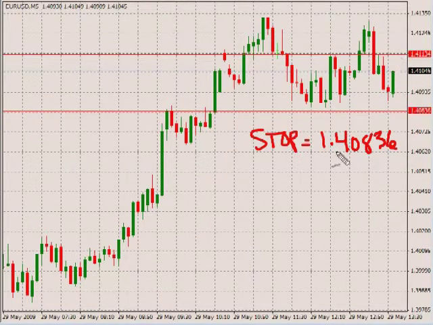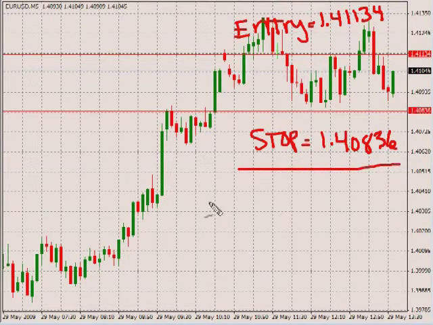Our entry is going to be, put it up here, entry of 1.41134.